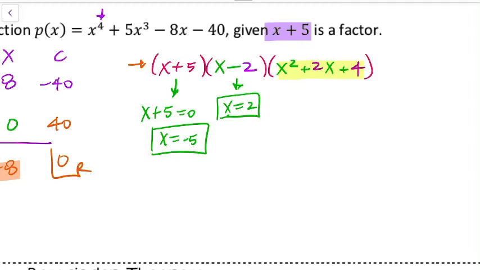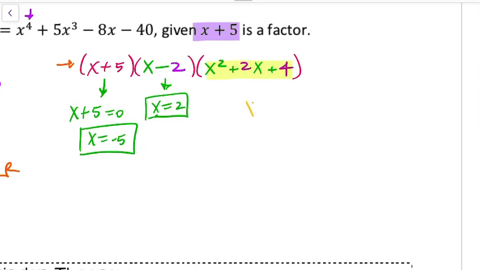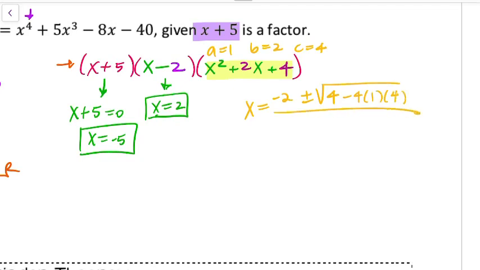We will, however, be able to use our quadratic formula. So x equals, a is 1, b is positive 2, and c is positive 4. X equals negative b plus or minus the square root of b squared, 2 squared is going to be 4, minus 4ac all over 2a, which is just 2.